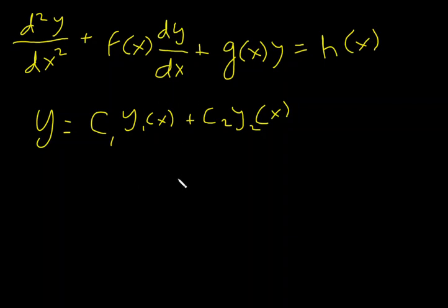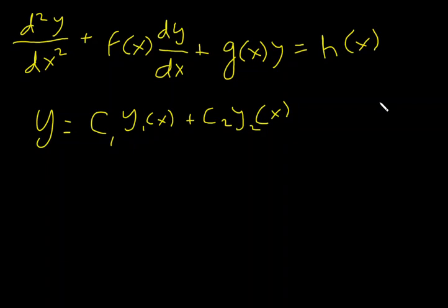The general solution, in most cases, and at least all the cases we're going to be dealing with in quantum mechanics, will be in the form y equals c1, some constant c1 that can be any constant, times y1 of x plus c2 times y2 of x. What this is saying is that any second order differential equation like this, or almost any, will have two distinct solutions, y1 and y2, right?